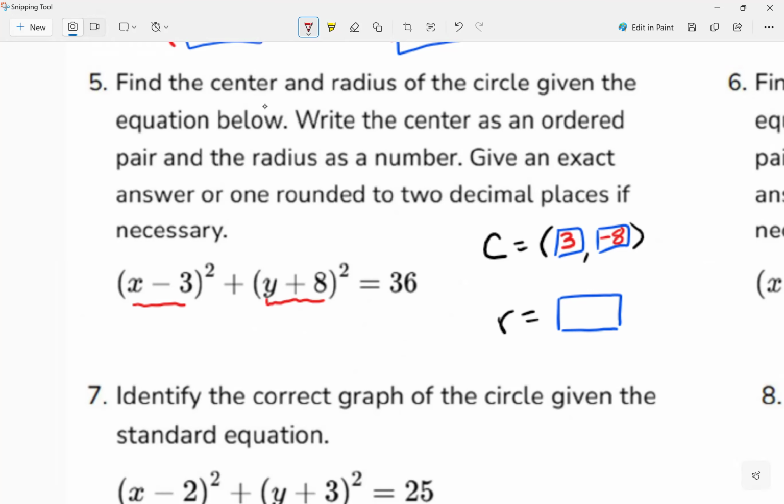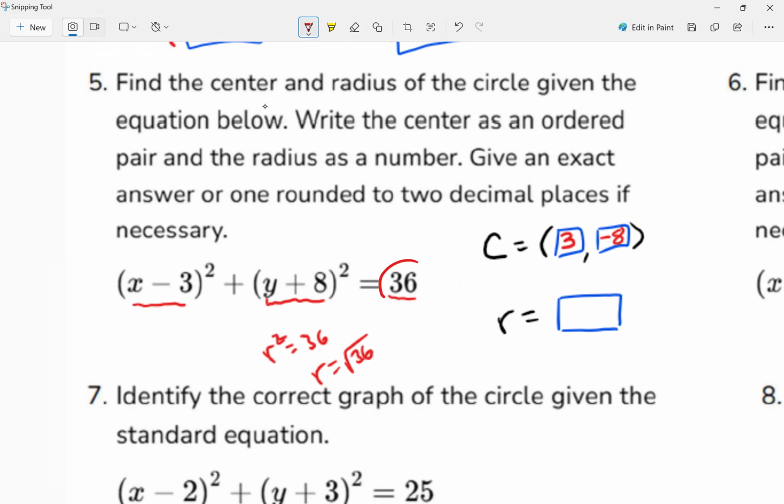Now for the radius, I'm going to use this 36. Remember that r squared, radius squared, equals 36. Because remember how for numbers 3 and 4, the radius, we squared it to get the number. So radius squared is equal to 36. That means the radius is the square root of that number. The radius happens to be the square root of 36.